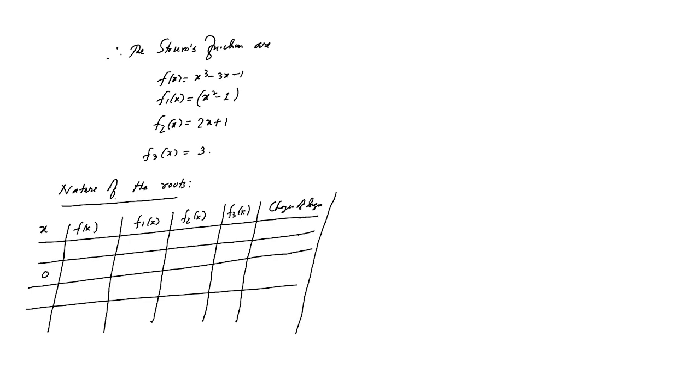We put 0 first: negative, negative, positive, and positive. So the number of changes of sign is 1.